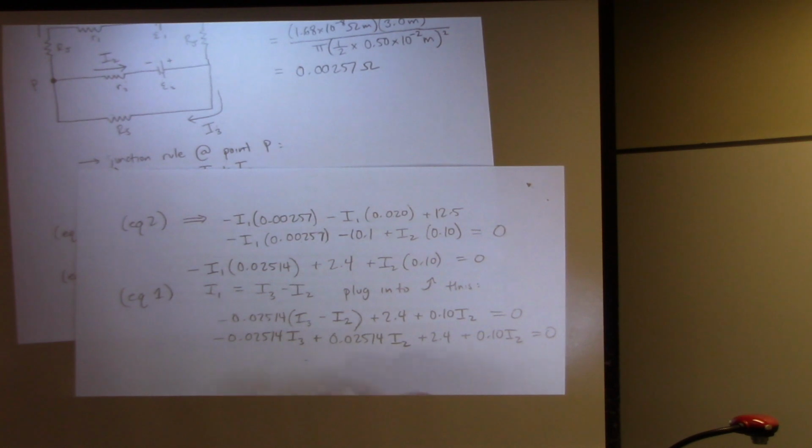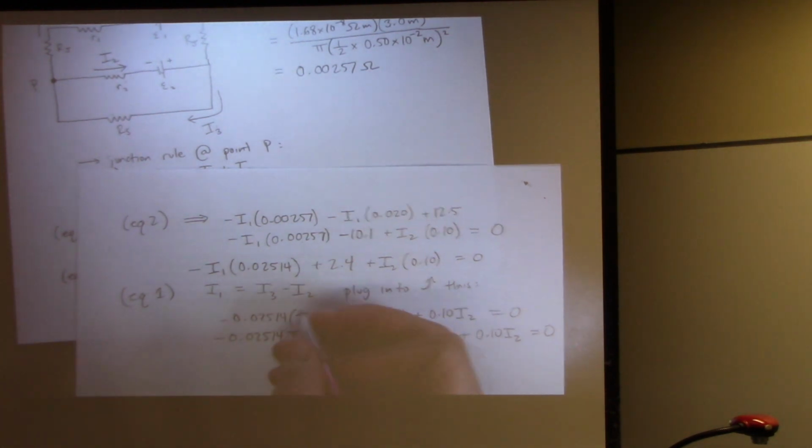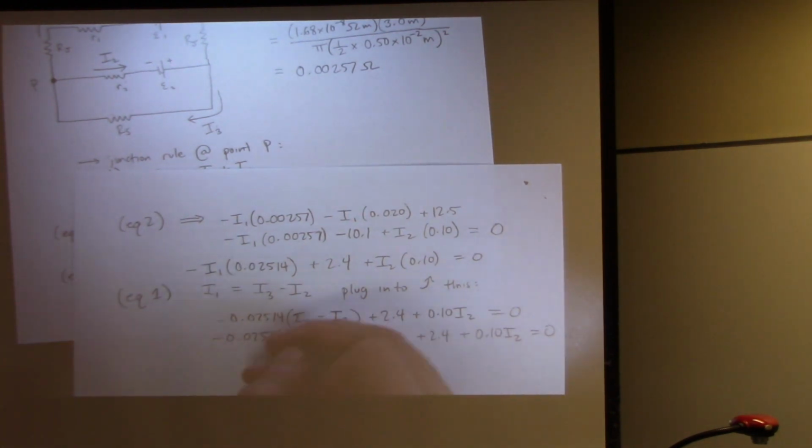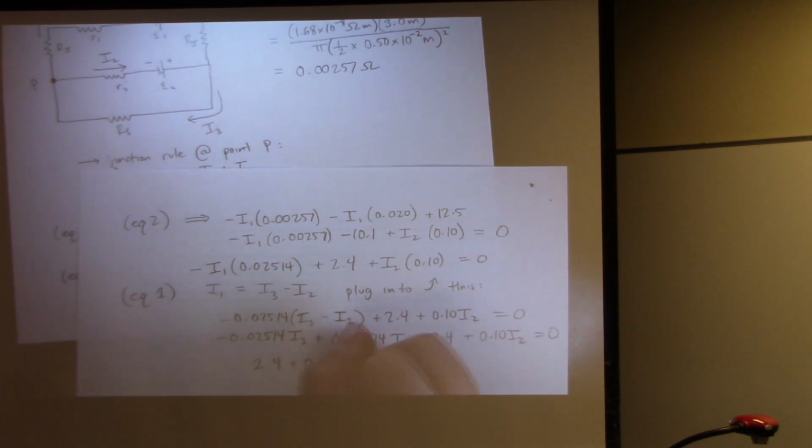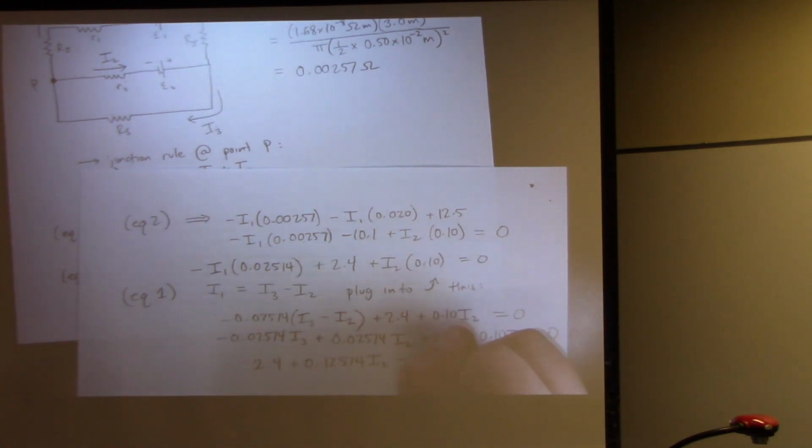Just combine them. And so what we're going to get is, I've got a constant factor of 2.4 right here. When I combine these two I2 terms, what I'm going to get is plus 0.12514 I2. And then I'm going to have this negative term, minus 0.02514 times I3 equals 0.